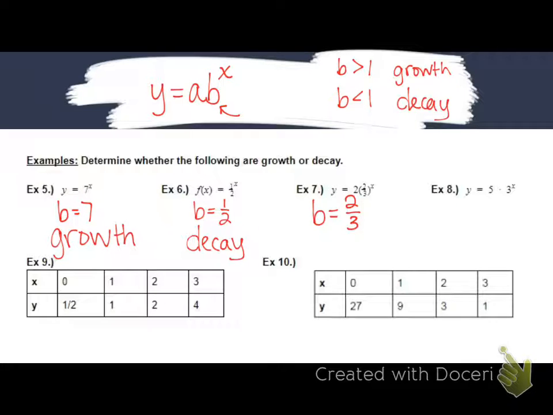Is that greater than 1 or less than 1? Less than 1. So this is decay. On number 8, what is my b? 3. So this would be growth because it is greater than 1. Questions about deciding if it's growth or decay on 5 through 8?